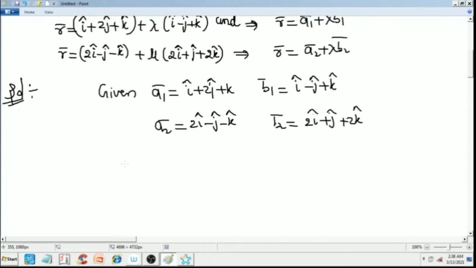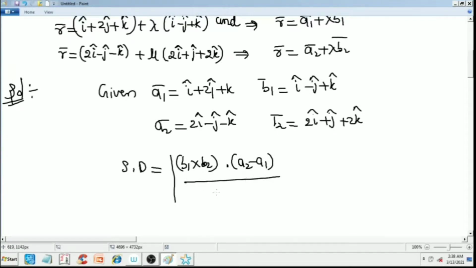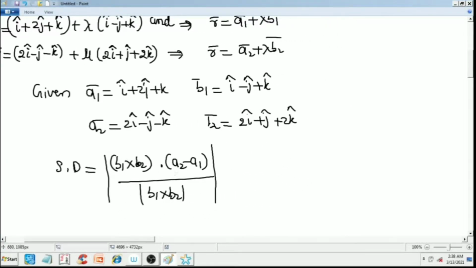Now the shortest distance between them is the dot product of b1 cross b2 with a2 minus a1, divided by the modulus of b1 cross b2. This is the formula. First we find a2 minus a1.